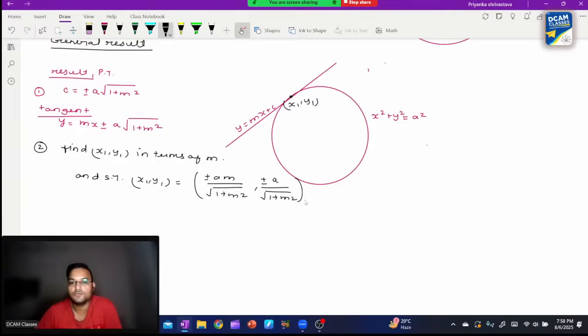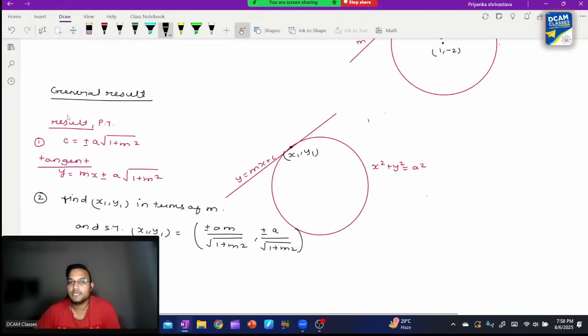You have to show this. This is your result as homework to prove. Means you have to find out this point x1 comma y1.